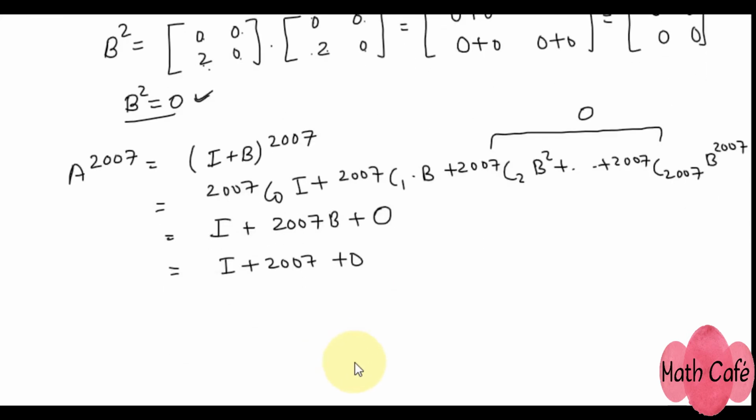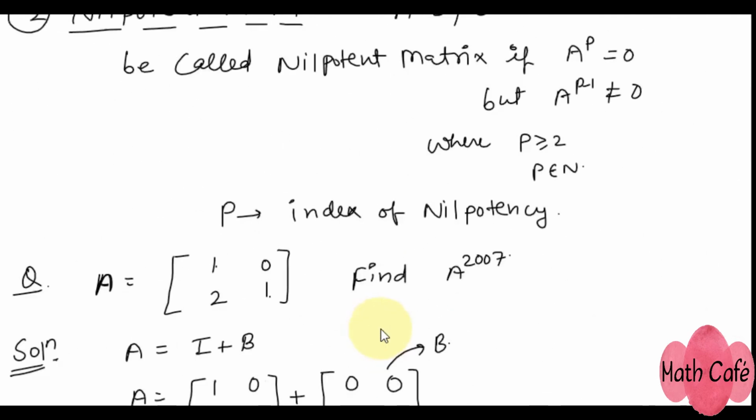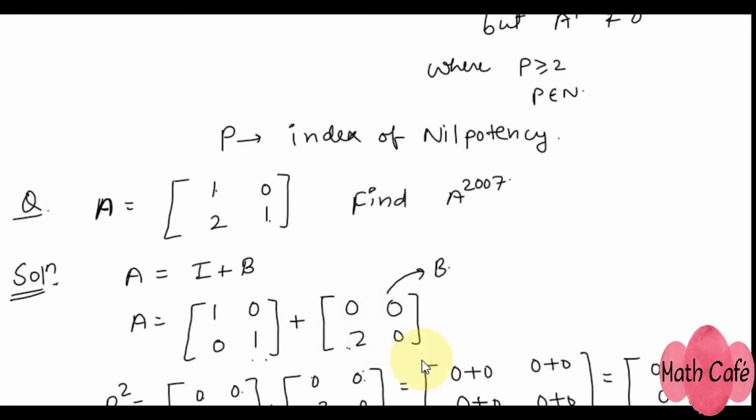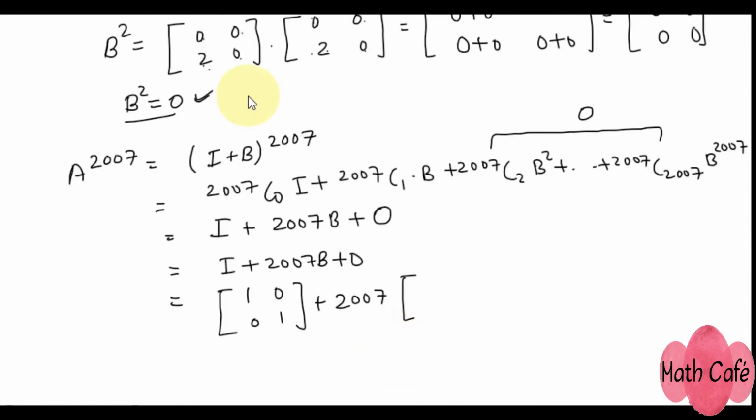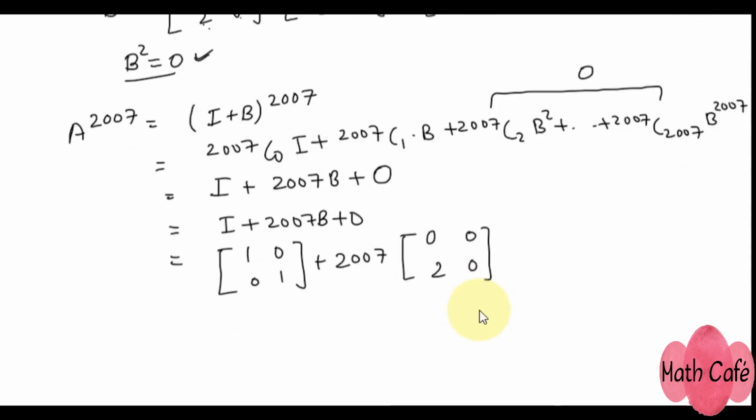All right, so here I is of order 2 cross 2. So I can write it as 1 0 0 1 plus 2007 multiplied by matrix B, which is 0 0 2 0.